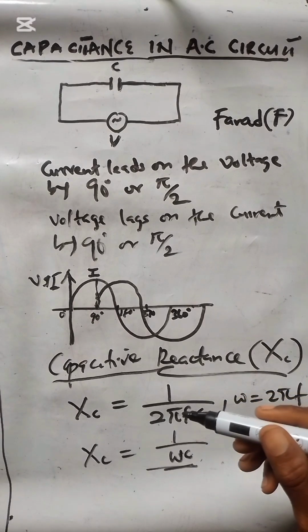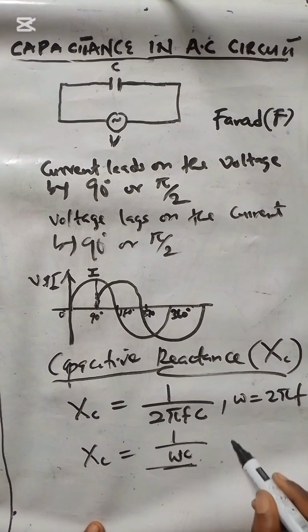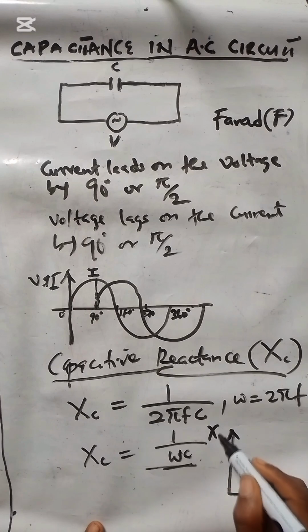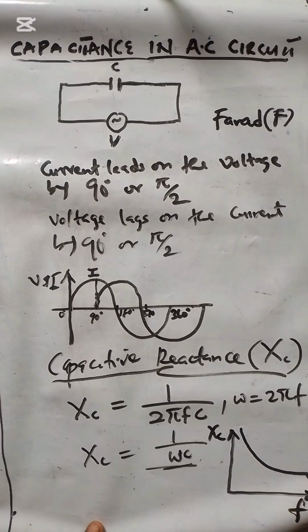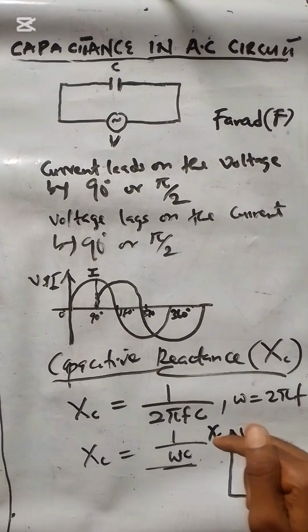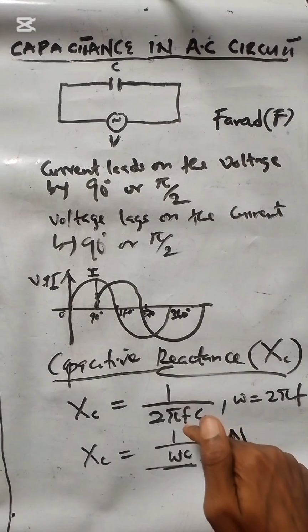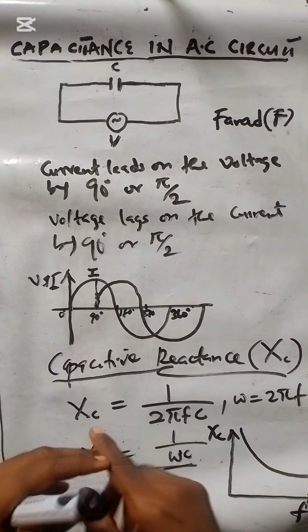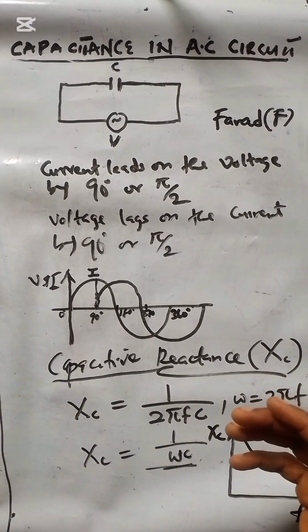When you have a plot of capacitive reactance against frequency, you have a plot like this. As frequency is increasing, capacitive reactance decreases, so there will be more current flowing through the circuit.